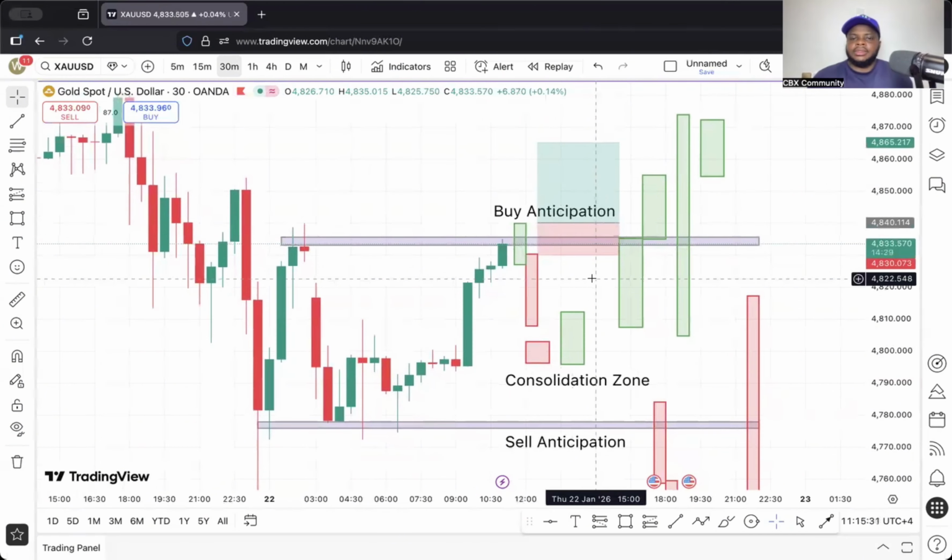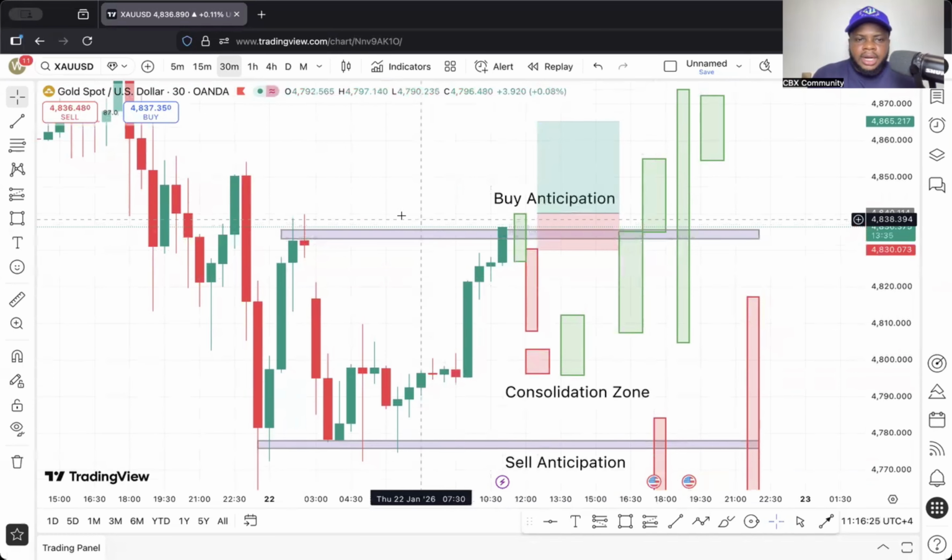Let's see what the candle wants to do. The candle is about to continue to go up to break the high of this candle over here.